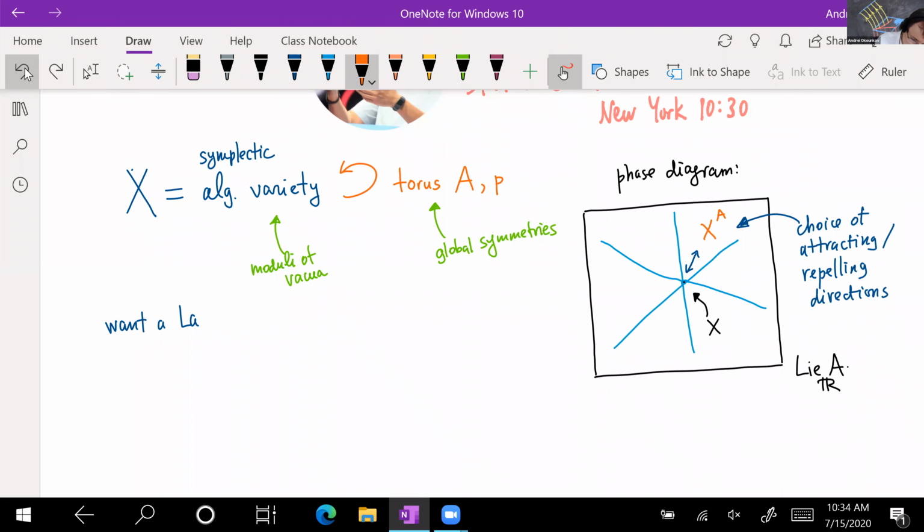Okay, right? And so this in particular means, like in the picture, for example, this whole set. This is X3.